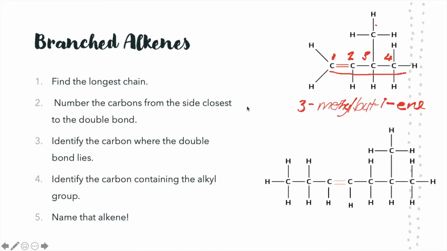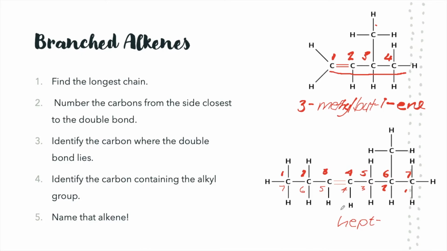So let's look at another example then. Here we have 1, 2, 3, 4, 5, 6, 7 carbons in our longest chain containing our double bond. Our prefix will be hept. Next thing we have to do is number the carbons so that the double bond has the lowest possible number. 1, 2, 3, 4, 5, 6, 7, or 1, 2, 3, 4, 5, 6, 7.